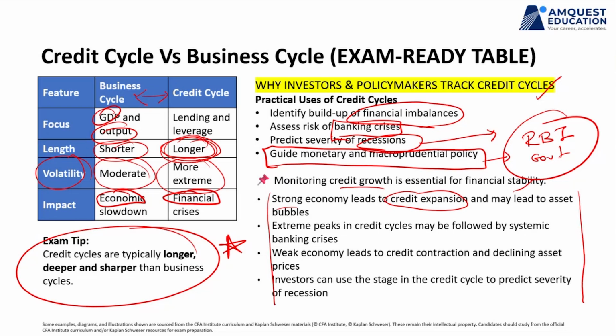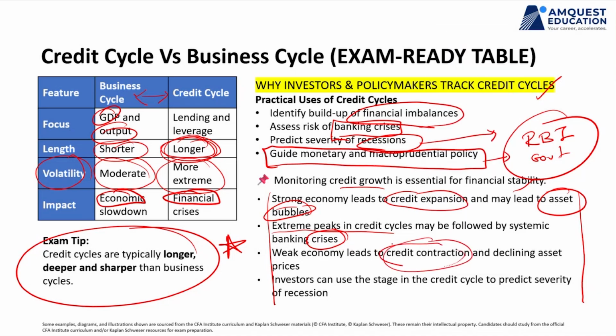Investment in real estate and other assets will lead to asset bubbles, right? Now, as the asset prices go up, the consumption increases, lending increases, there comes a stage when people lend and borrow so much that they're not able to pay. So the peak that they reached might result in a crisis because they are defaulting. If people start defaulting, then lenders start reducing the lending, they'll take back the loans, and that leads to contraction.